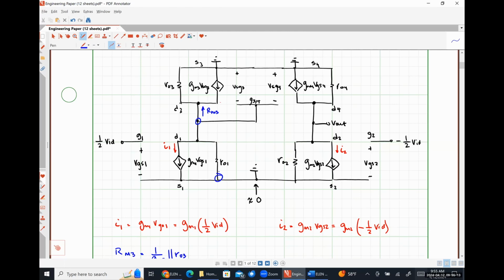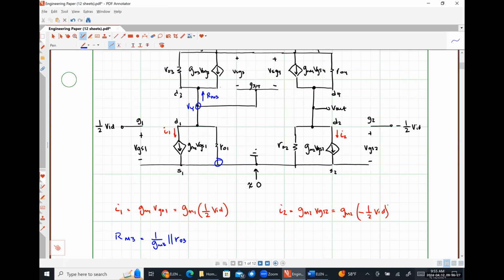So if I wanted to find the voltage at this node, for the sake of argument, let's call it Vy for now, which is literally just going to be negative VSG3, I could use Ohm's law.